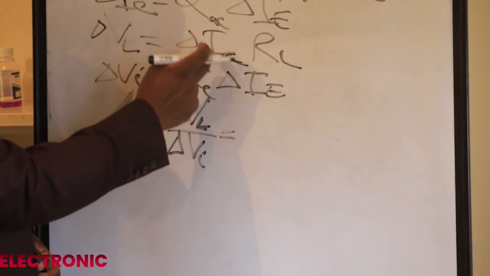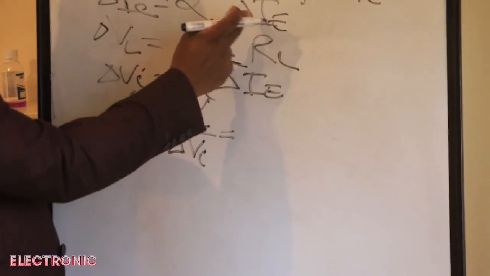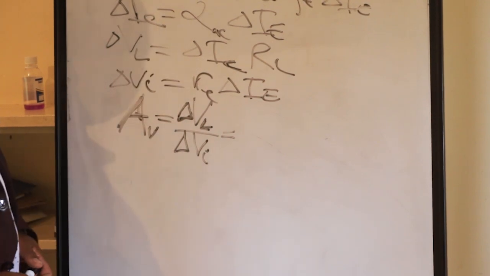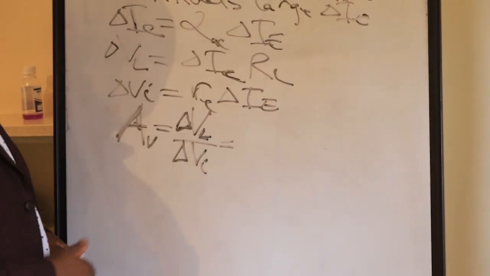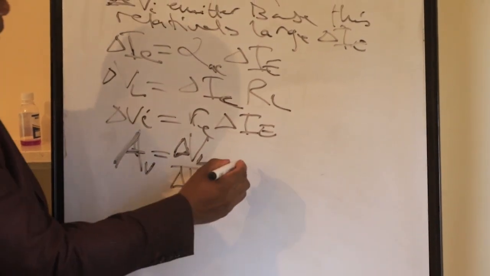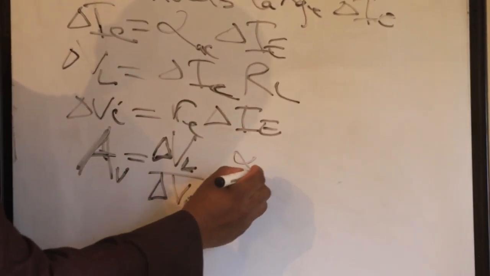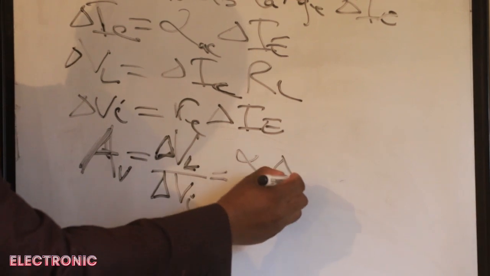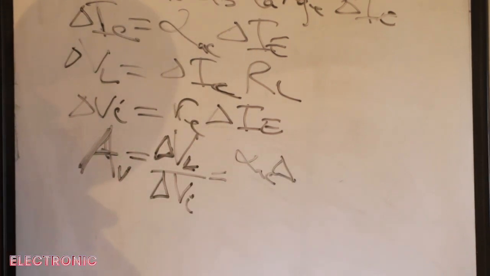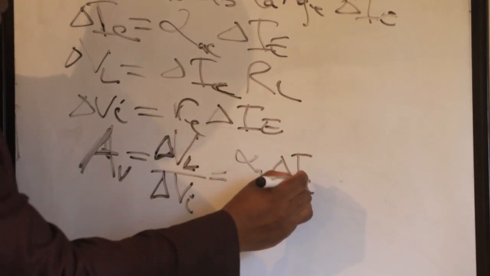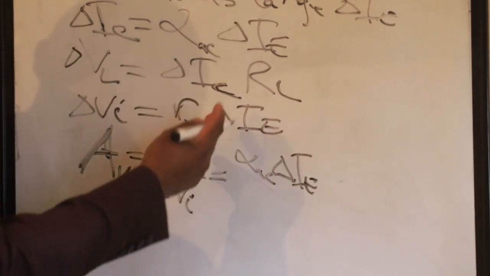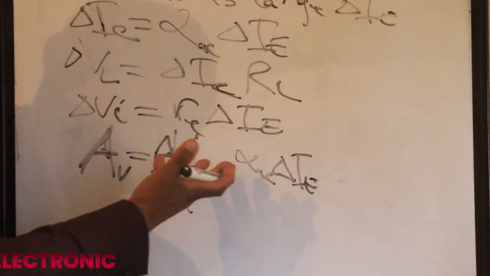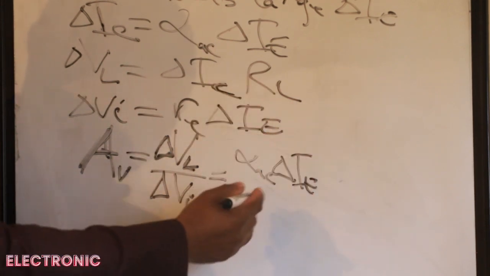The change in collector current can be represented as alpha, which is the large current gain, times the change in emitter current. This is an AC circuit, small AC. The small triangle is a small change in the emitter current, which also represents the IC. And because it's just Ohm's law, it is current times resistance.